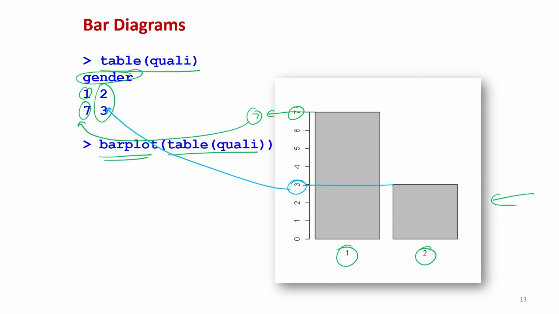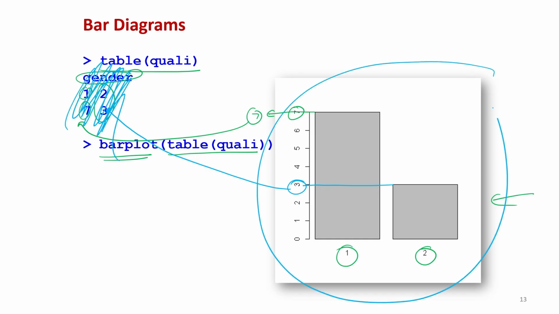So it is important for you to understand how the graphics are speaking and how graphics are trying to explain what information they have. So in case I hide this absolute frequency data, and I ask you to look only at this graphic, then this graphic tells me there are two categories which are indicated by category 1, category 2, and the absolute frequency of category 1 is 7 and the absolute frequency of category 2 is 3.